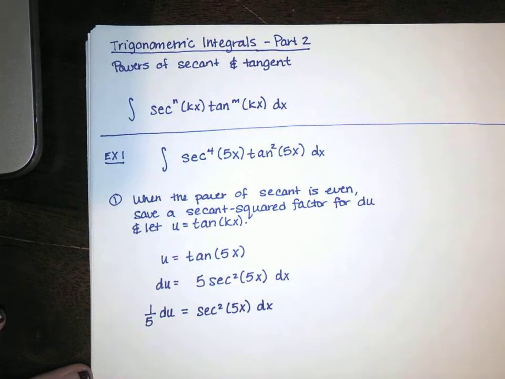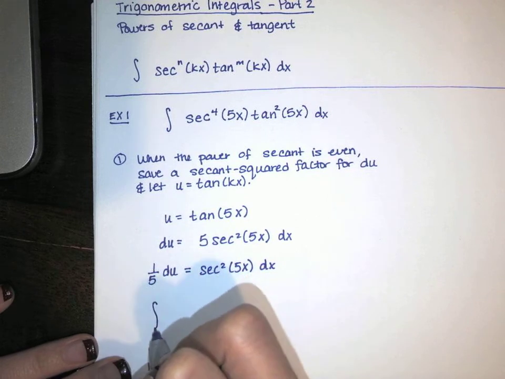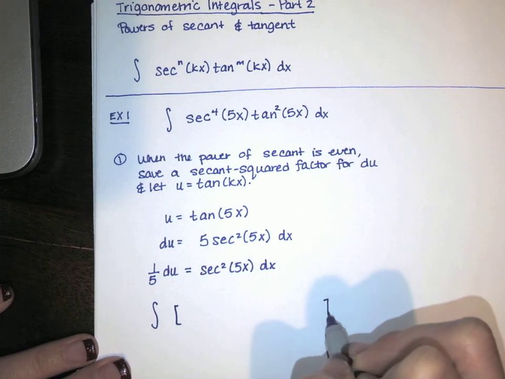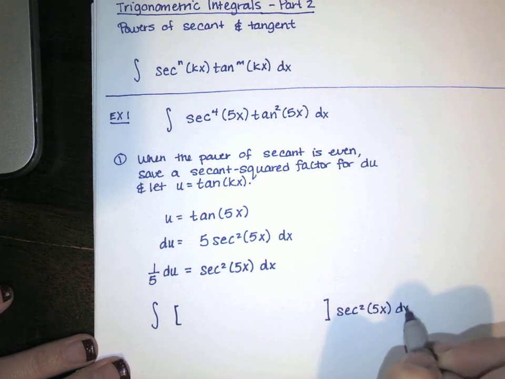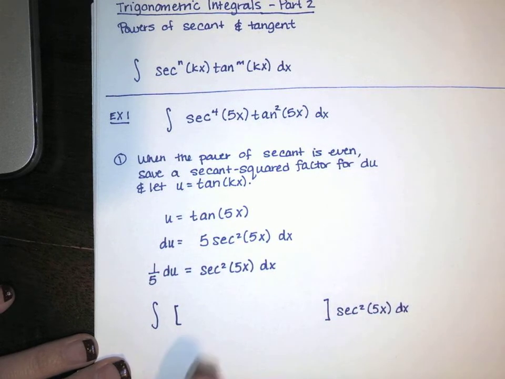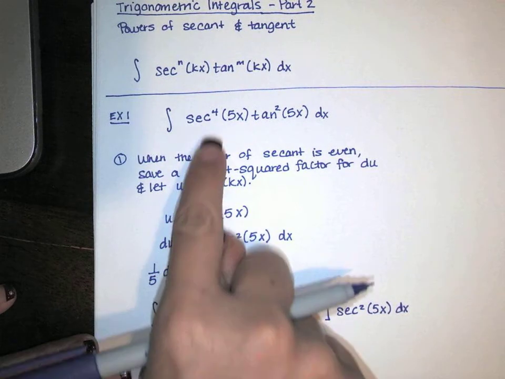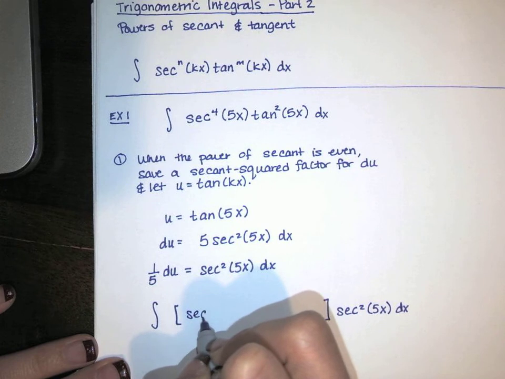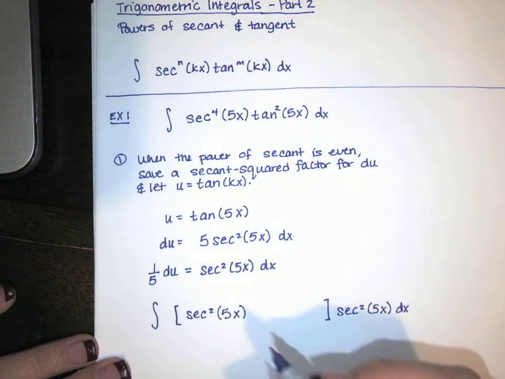And this integral can be rewritten with this secant squared off to the right-hand side. And we're going to write everything eventually entirely in terms of tangent of 5x. So after I factor out the secant squared for my du, I've got secant to the fourth here, so I'm going to have 2 secants left. Angle stays the same, and the tangent squared of 5x is still there.